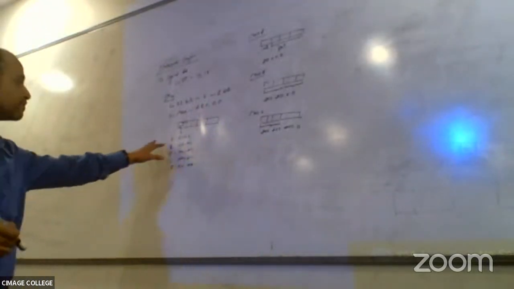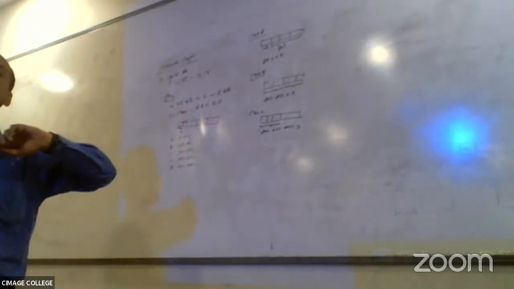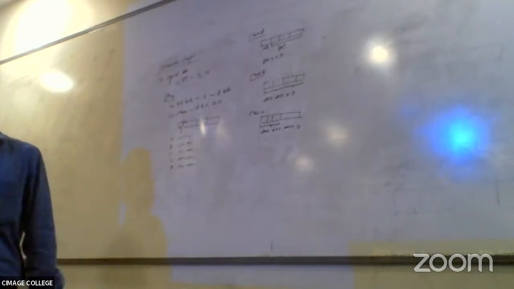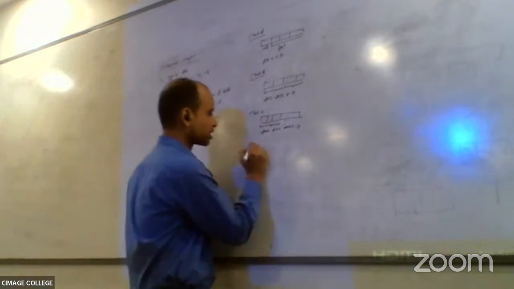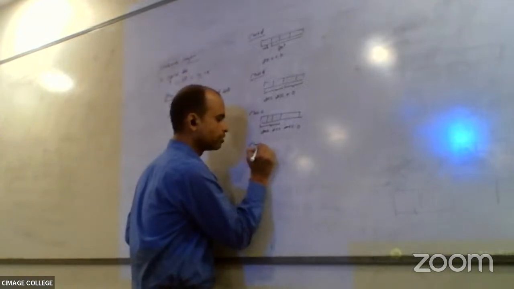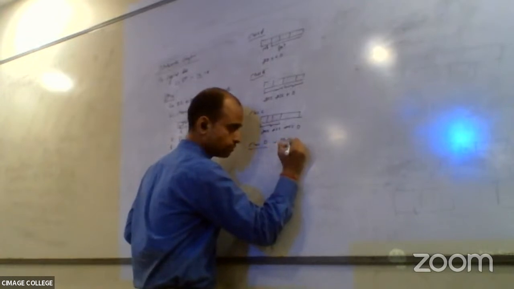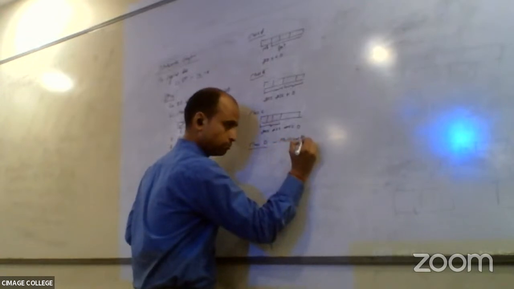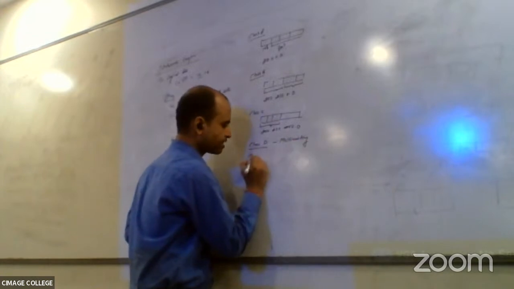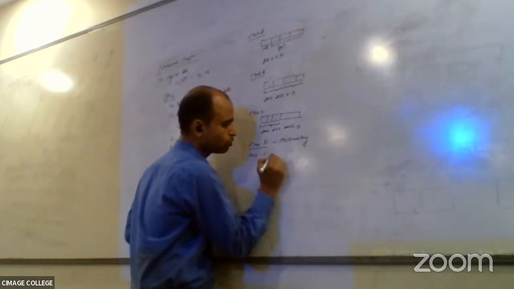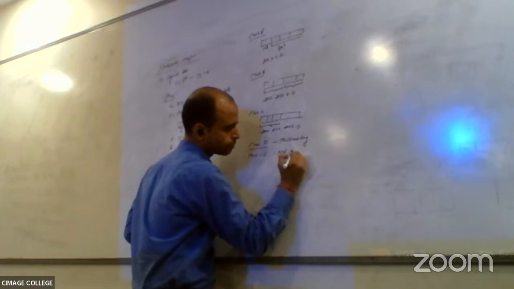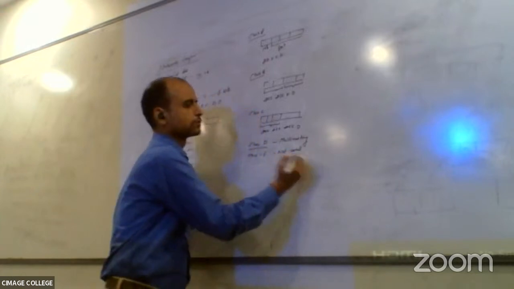On the basis of these values, we can calculate the number of networks and number of hosts. And what about class D? Class D is only used for multicasting. And class E is not used. Clear?